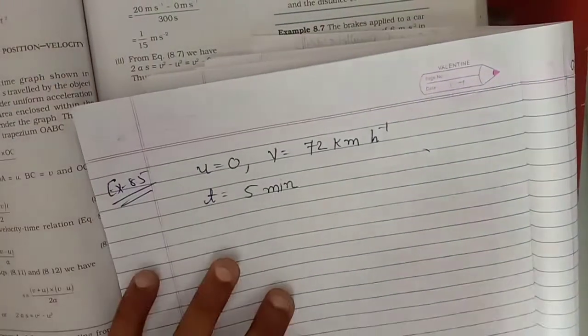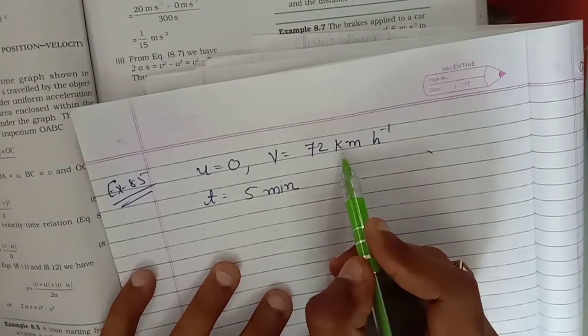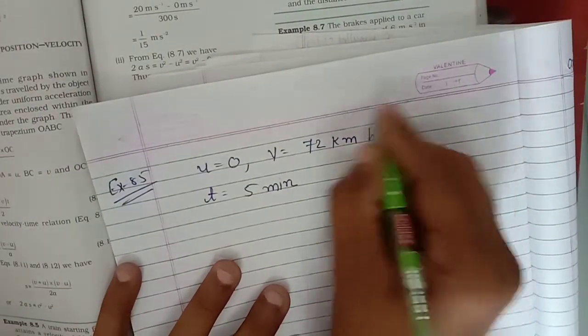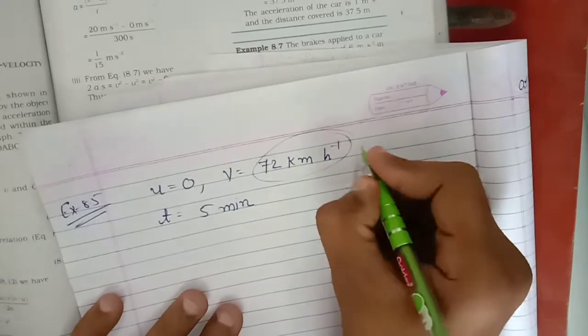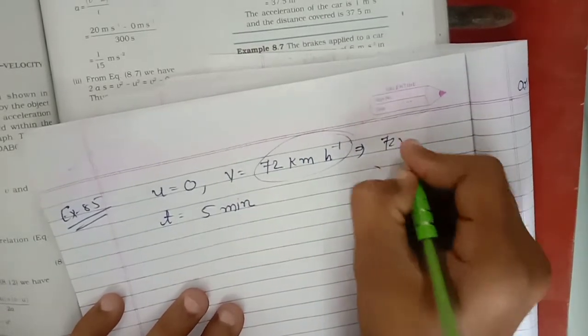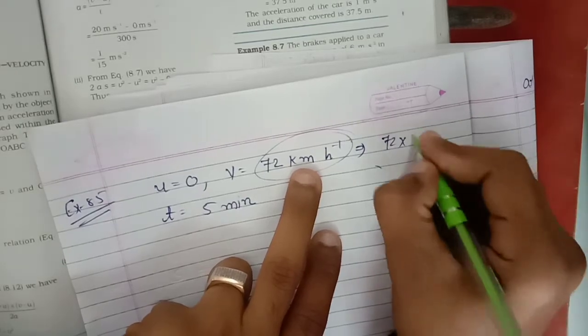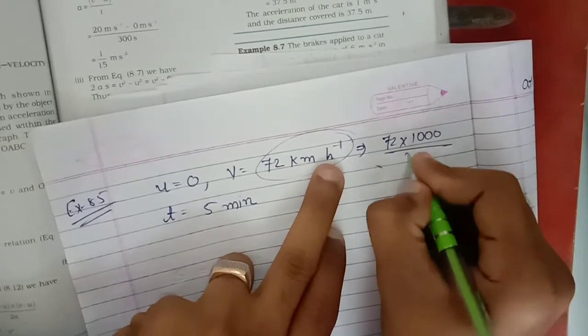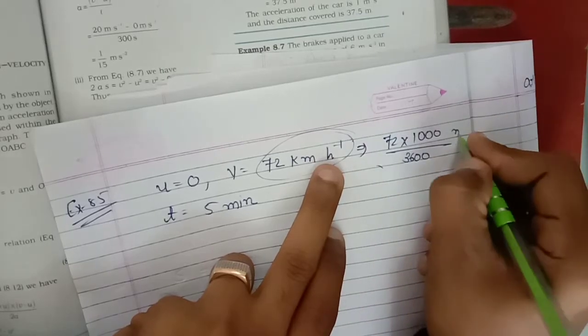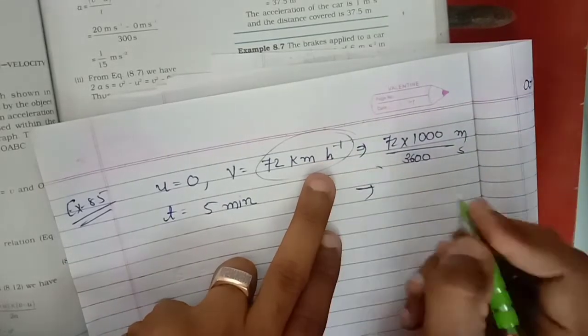First we need to convert the velocity into meter per second. So first convert 72 km/h into meter per second. So 72 into 1 kilometer is equal to 1000 meter, and 1 hour is equal to 3600 seconds.